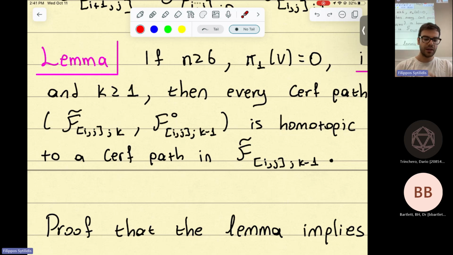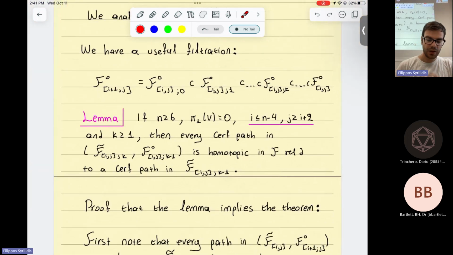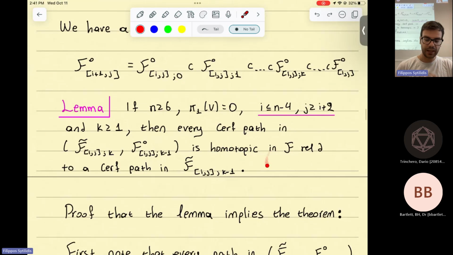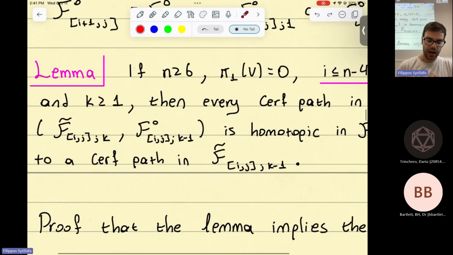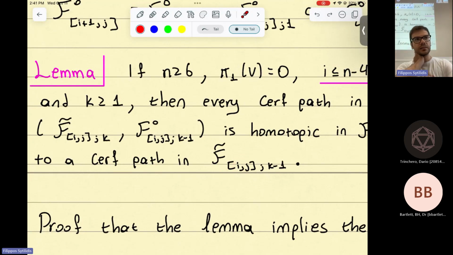So within the path I have perhaps an extra critical point of index I introduced compared to the endpoints of the path. Paths like that are going to be homotopic in curly F rel boundary to paths where I'm staying within at most k minus 1 critical points of index I.